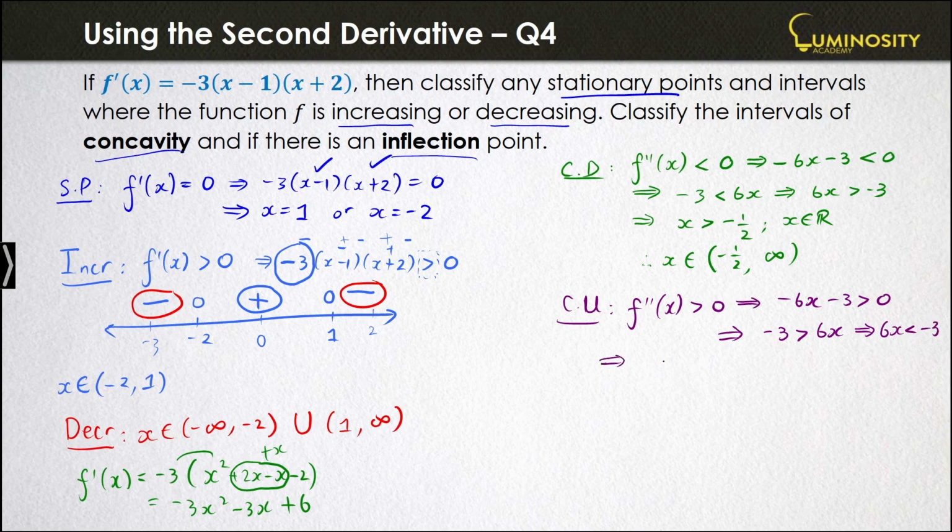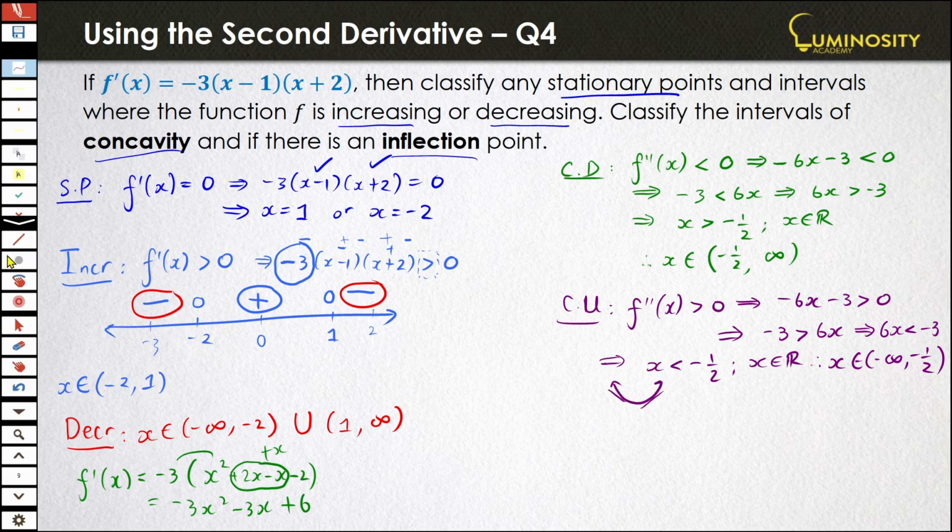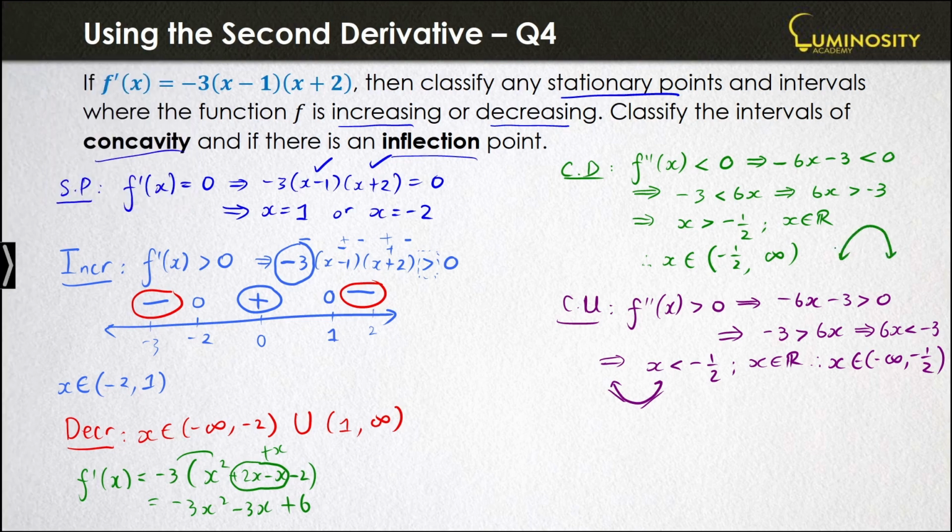Then I divide both sides by 6, and I get x is less than negative a half. In interval notation, that is x is an element from negative infinity to negative a half. That is where your graph is concave up. So it's got that shape here, above the tangent lines. And similarly for concave down, it's got this shape here, where it's below its tangent lines.